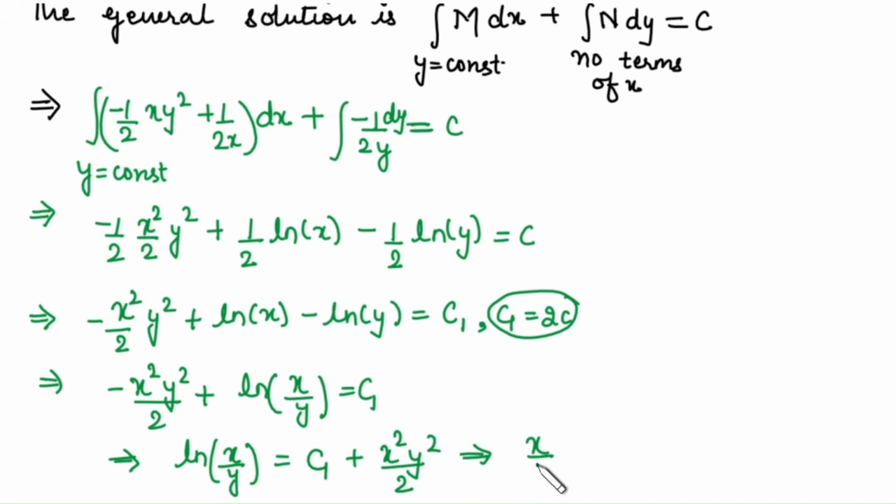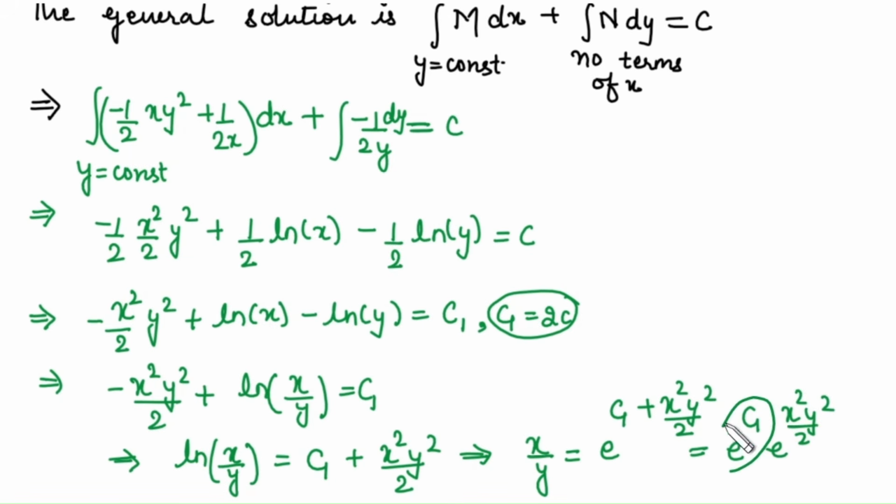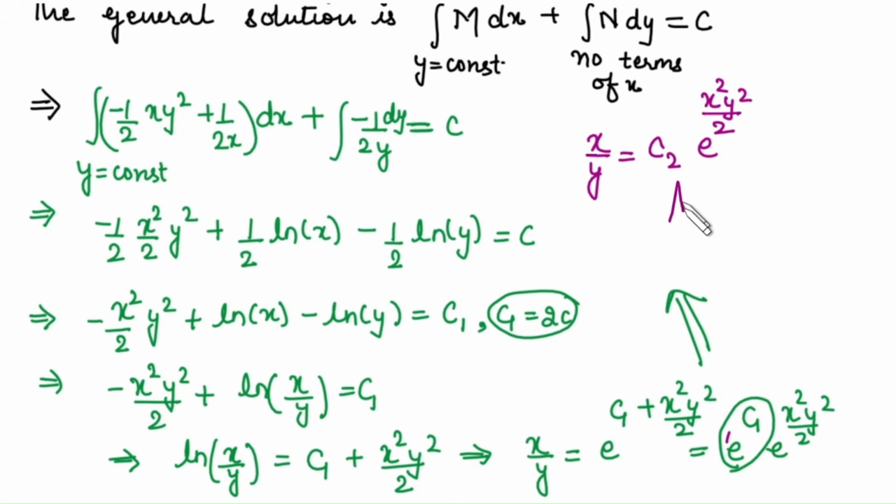This becomes x by y is equal to e raised to power (c1 plus x square y square by 2). Separate this one, that is e raised to power c1 into e raised to power x square y square by 2. So e raised to power c1 is another constant. So we can write the general solution in this case as x by y is equal to another constant, that is c2 e raised to power x square y square by 2. That's the final answer.